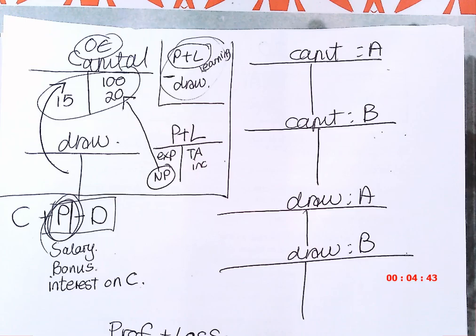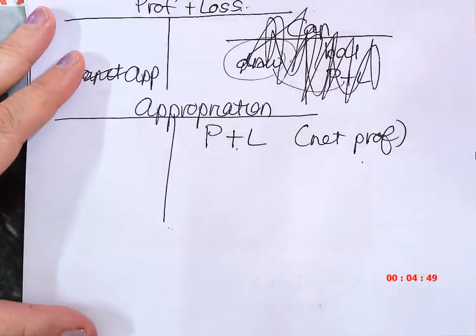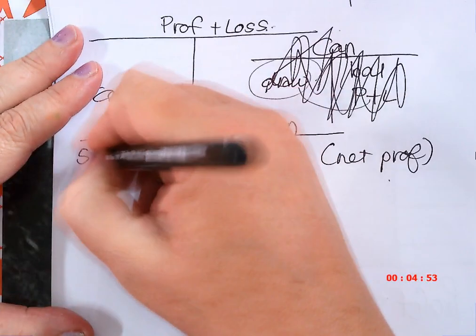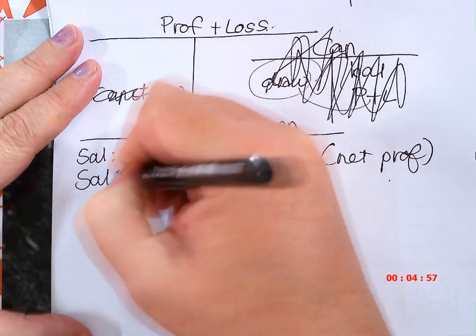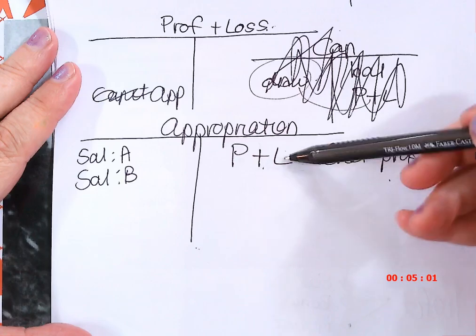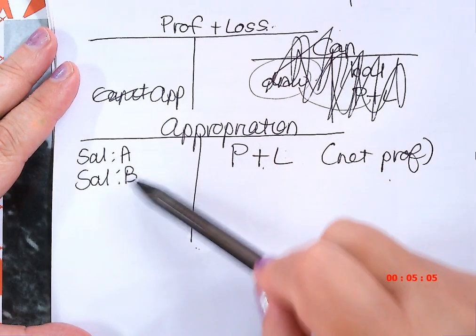Okay, so now, what's going to happen? In this appropriation, the first thing, obviously, we're going to pay these guys salaries. That's the first part of the profit. Can you see this salaries is not an operating expense?